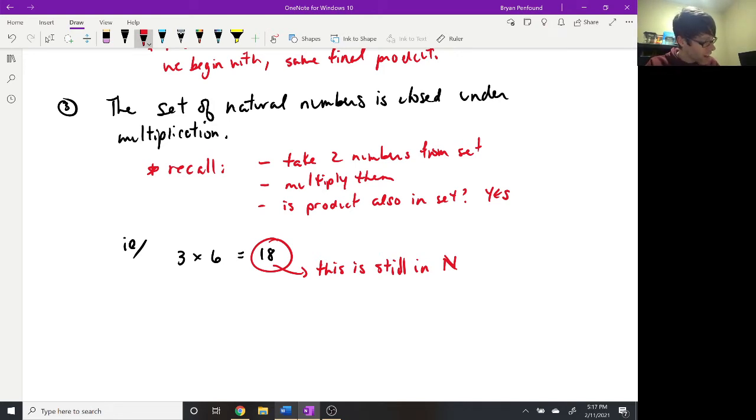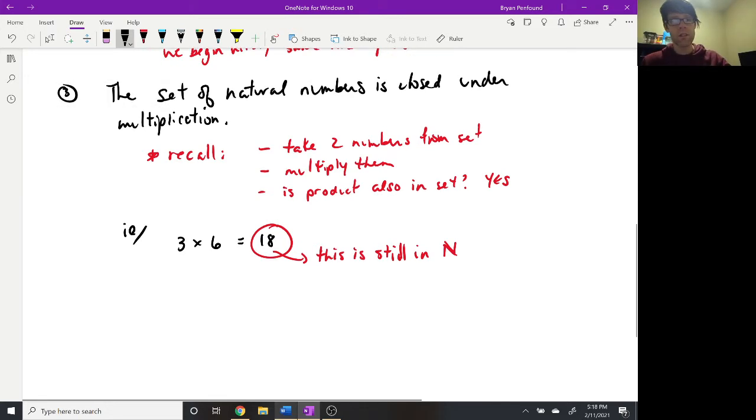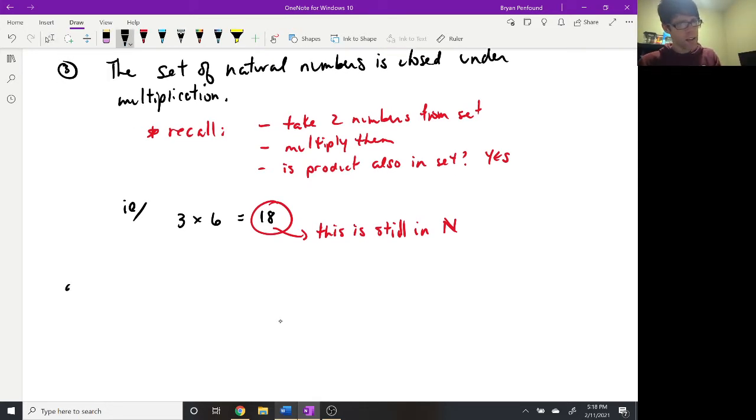Now there's one other really nice special property of multiplication that I think is important for us to talk about, and it's a little bit different compared to, say, addition. This is a specialized property that multiplication has.